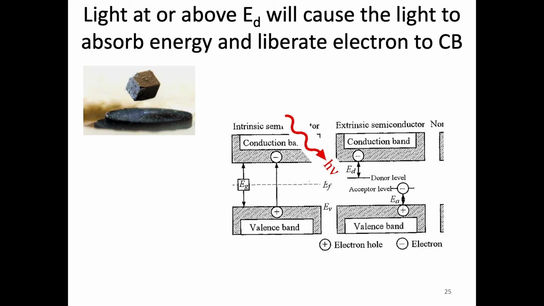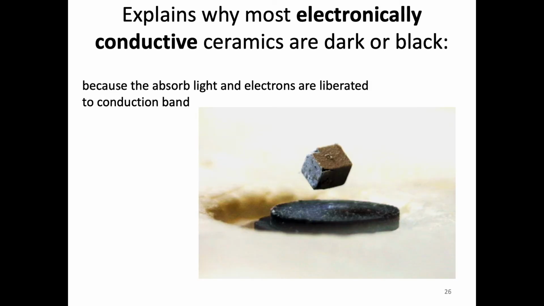So the dark or black color of ceramics can actually tell you something about the optical properties, but also the electronic properties as well. As a very general rule that you can apply to ceramics, when you see dark coloration or black color in ceramics, this will typically tell you that the material is electronically conductive, because it has electrons in the conduction band that are being liberated as light is absorbed.